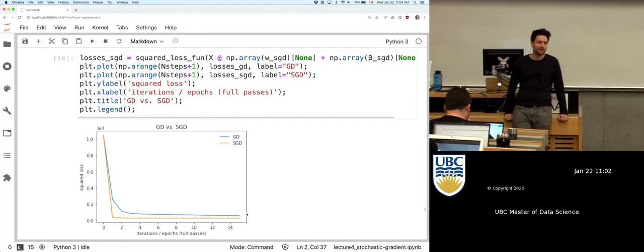Sometimes people choose the batch size based on hardware considerations, which we could talk a bit about later, but it may be the hardware you're using can do like 1,000 things in parallel, and so you pick a batch size of 1,000 to maximally make use of your hardware. But often it's just a hyperparameter, and people don't really use their human intuition that much to choose it.